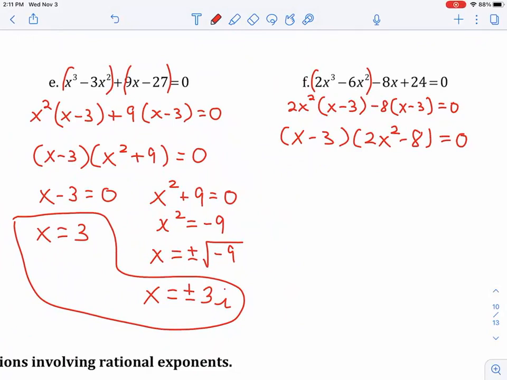And again, use the zero product property from here once it's all factored. So I set x minus 3 equal to 0, and 2x squared minus 8 equal to 0, and solve both of those.